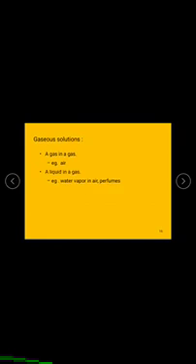A liquid in a gas: here the liquid is the solute and gas is the solvent, for example water vapor in air. Air is the solvent.